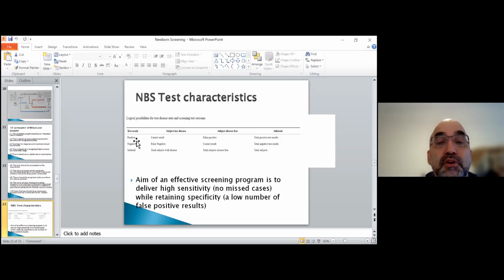You can have a positive, where the patient has the disease, which is true positive. The test says negative, but the baby has the disease. This is a false negative. And if the patient doesn't have the disease and the test says positive, it's a false positive. And when it says positive and the baby has the disease, it is a correct diagnosis or true positive.